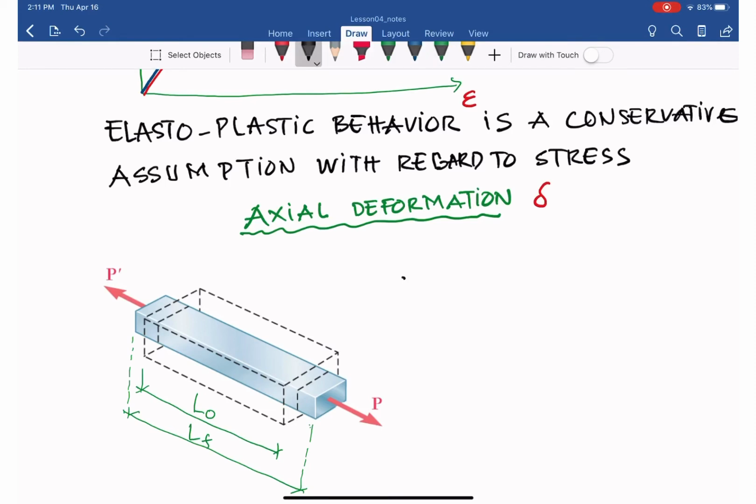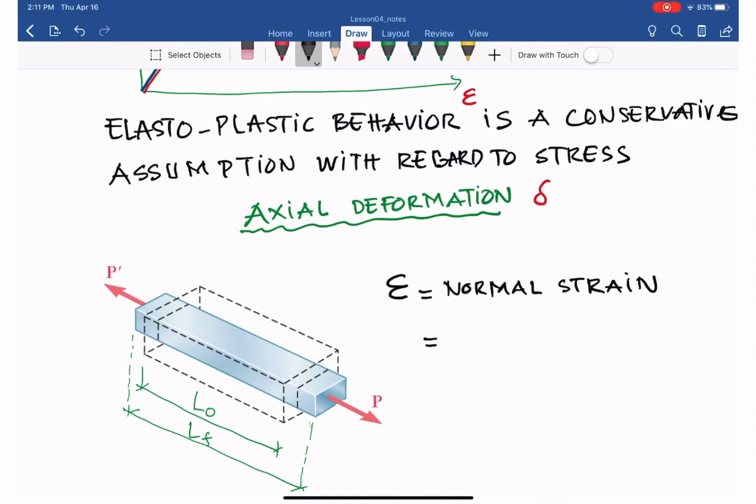You also know epsilon, which is the normal strain in that member, and it equals delta over L0. We also know delta, the deformation, equals the final length minus the original length L0.